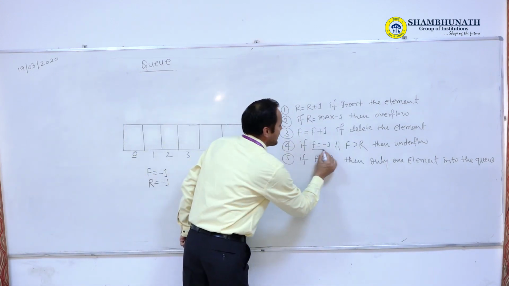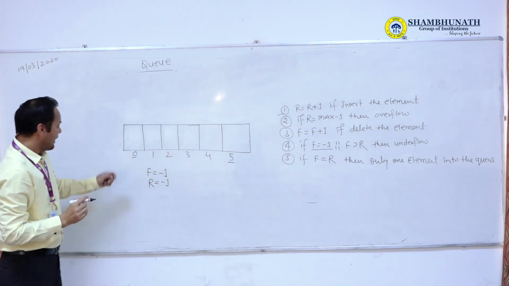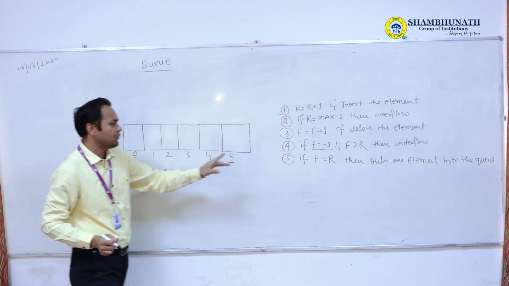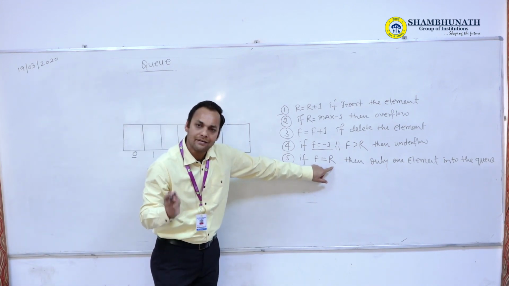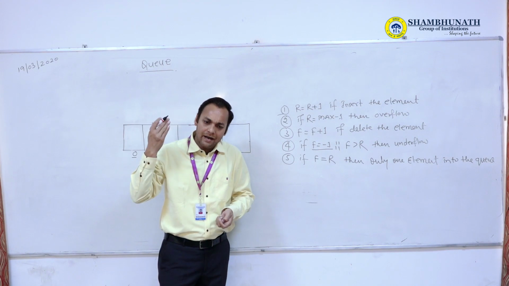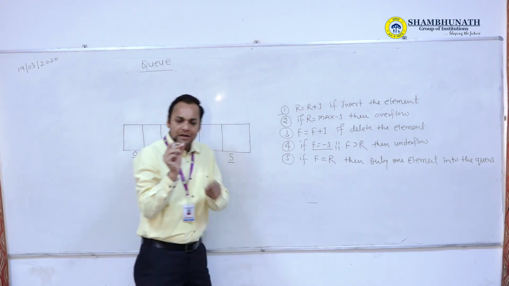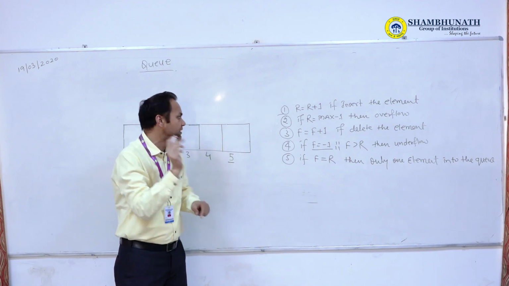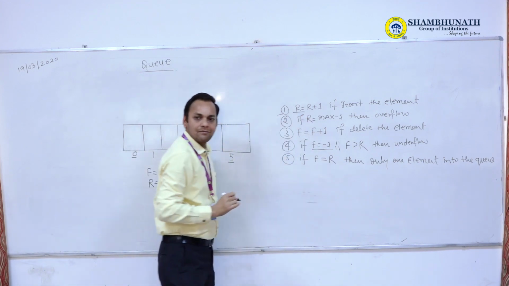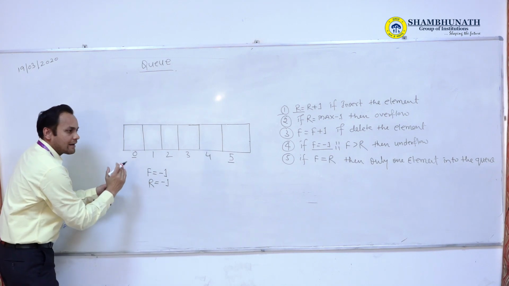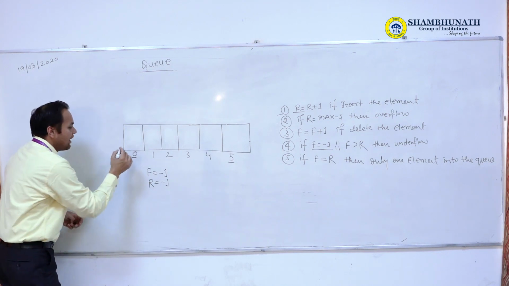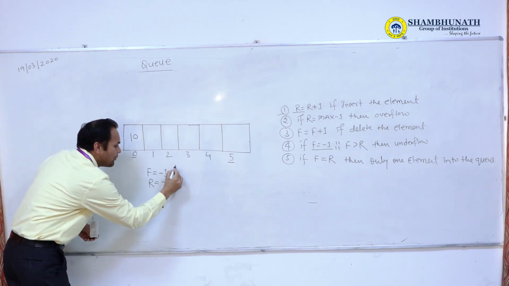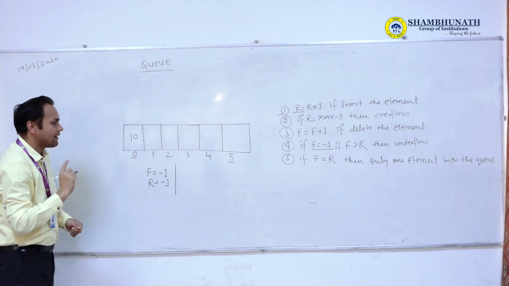This is represented here. And if there is only one element in the Q, the front and rear are equal. I have already discussed that inserting an element into the Q only changes the position of rear. If we are inserting the element into the Q, then what is the position of front and rear?